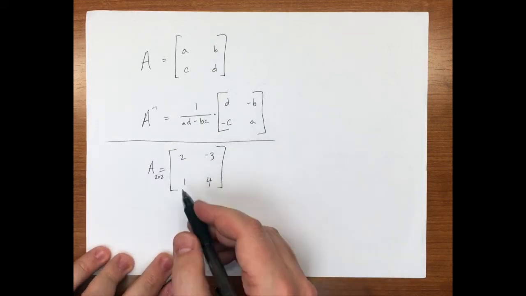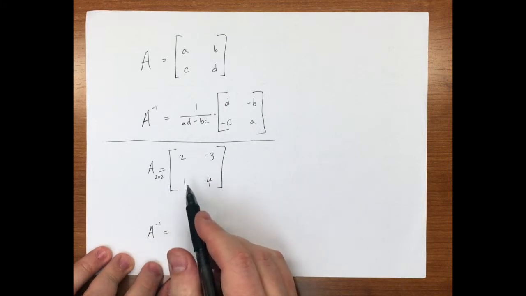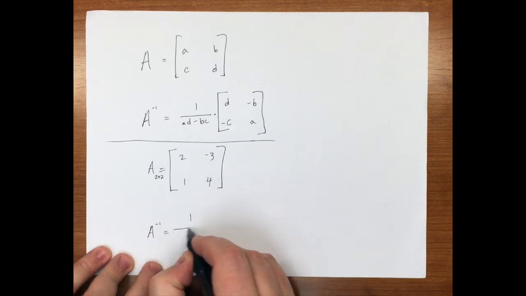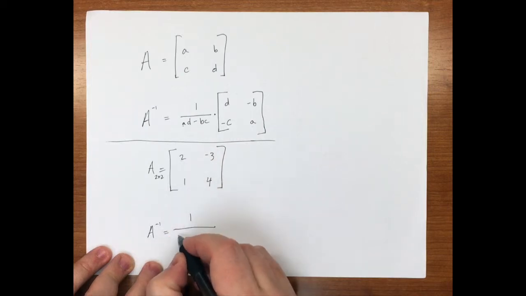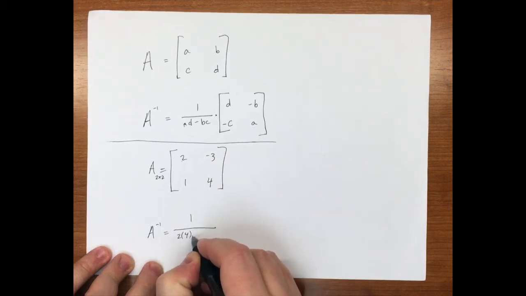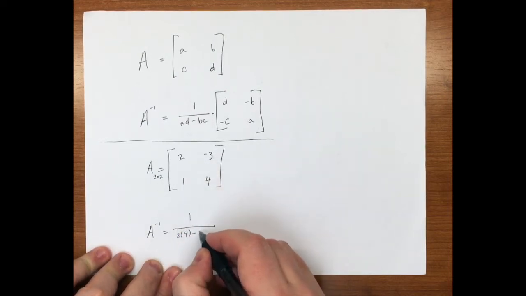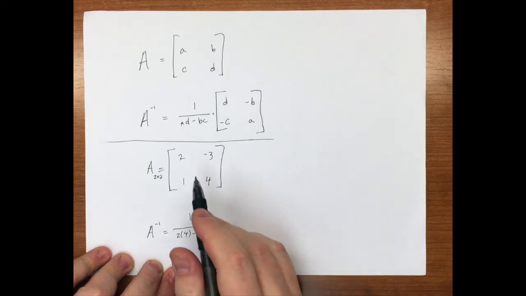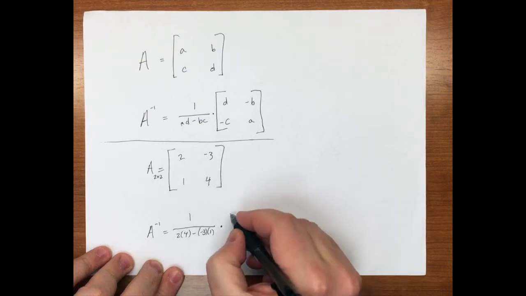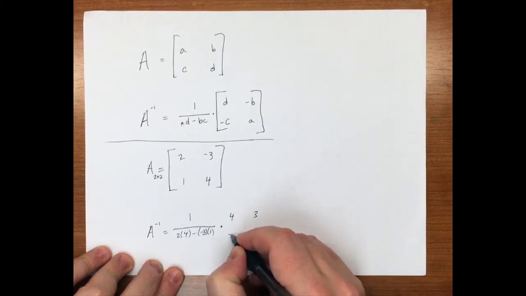Using this formula, A inverse, the inverse matrix, is going to look like 1 over, well, we need a times d, which is 2 times 4, and then minus b times c, where b is -3 and c is 1. So -3 times 1. That's our fraction scalar out front, and then the matrix that we're going to multiply looks like 4, 3, -1, and 2.